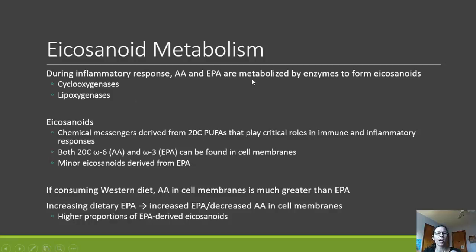And when we have an inflammatory response, our body is going to start breaking down some of our cell membranes, and in so doing, it will release these 20 carbon essential fatty acids, and those are going to be metabolized to form eicosanoids. And these are really our biologically significant biomediators. So the enzymes that metabolize these 20 carbon fatty acids are called cyclooxygenases and lipooxygenases.